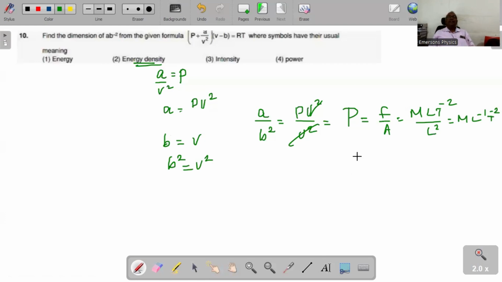Whereas energy density, small u, is energy per unit volume, work done by volume: m L t to the power of minus 2 into L by L cube. Cancel it, we get the same dimension. So energy density and pressure have the same dimension, and this is the dimension corresponding to energy density.